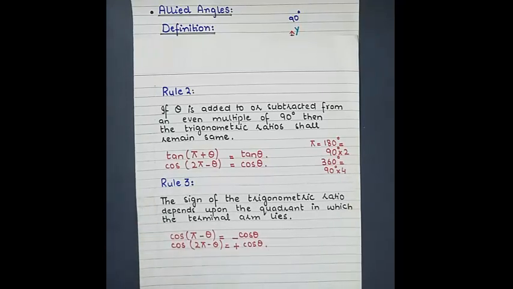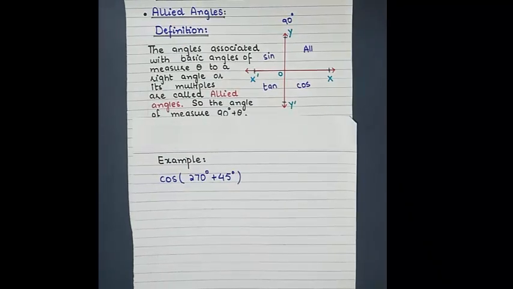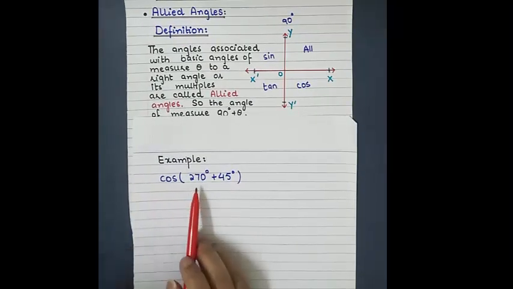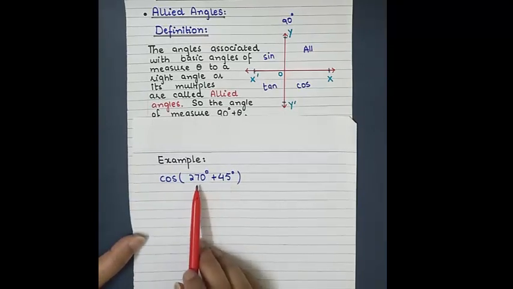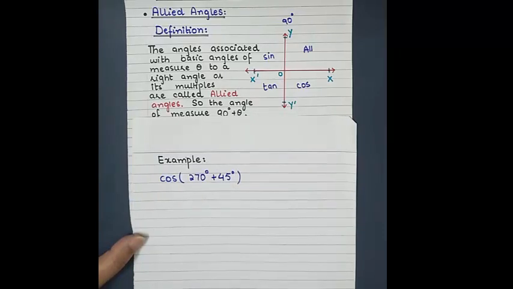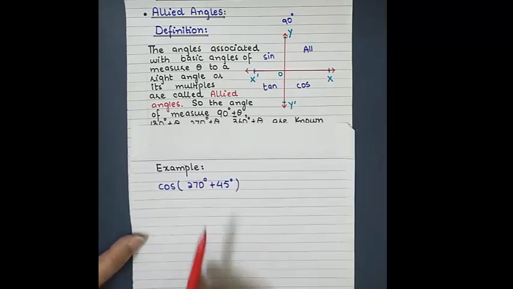Now we will take 2 to 3 examples and apply all these 3 rules on those examples so that you can get the idea more easily. Example, cos(270 degrees plus 45 degrees). This is the value of theta, and this represents the quadrant. Okay. Now rule number 1.